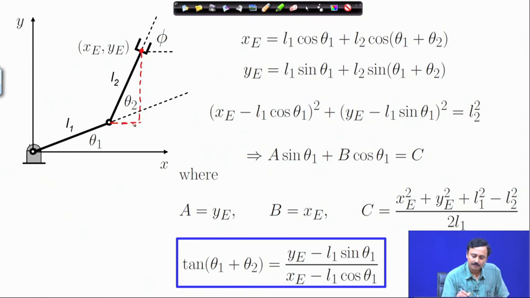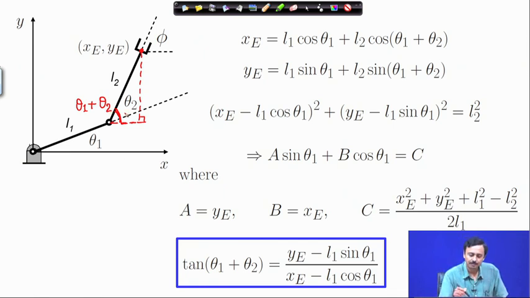I have dropped a vertical and drawn a horizontal, so this is a 90-degree angle. The total angle of this right angle triangle is theta 1 plus theta 2.